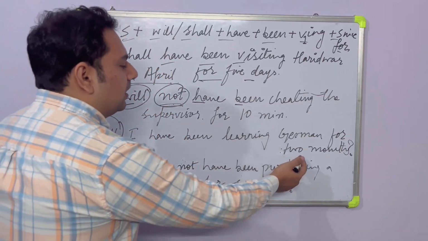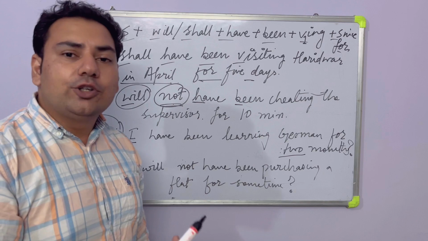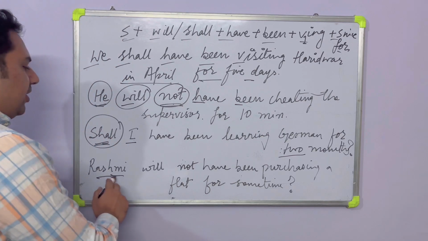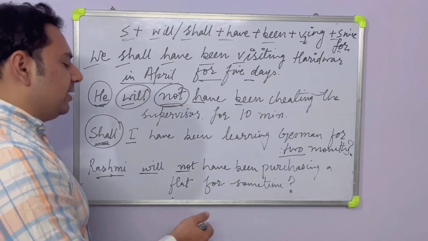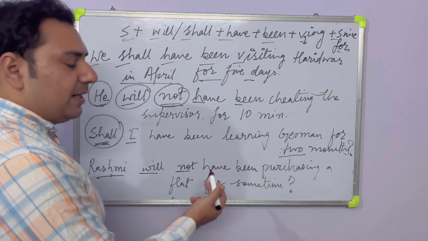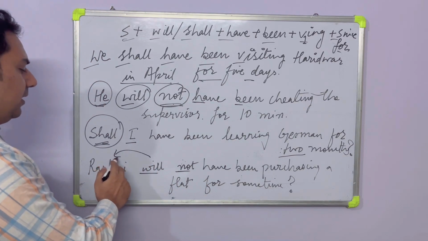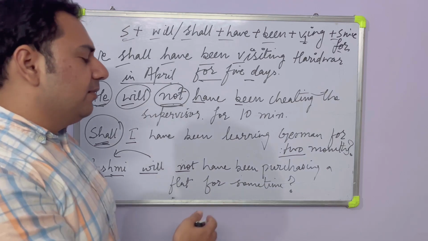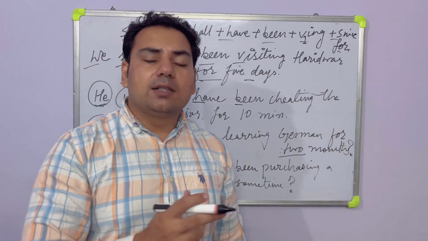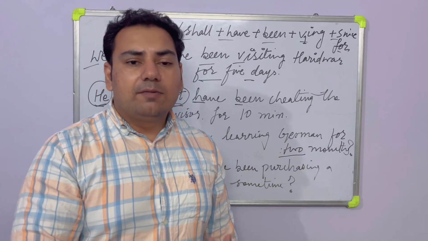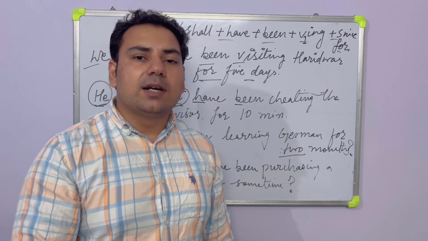And the period is also being given over here, like 2 months. Rashmi will not have been purchasing a flat for some time. That is a negative one. Will Rashmi not have been purchasing a flat for some time? Question mark. Now this one is a negative interrogative future perfect continuous sentence.